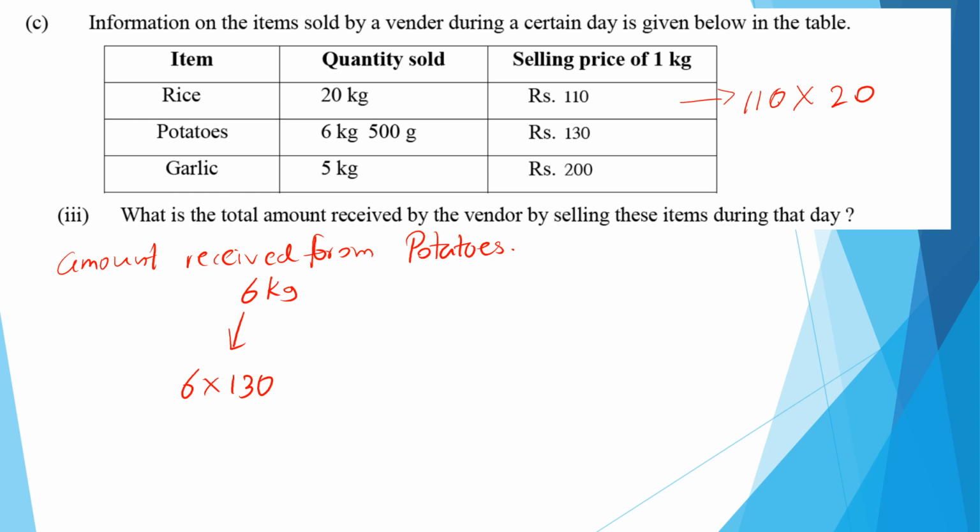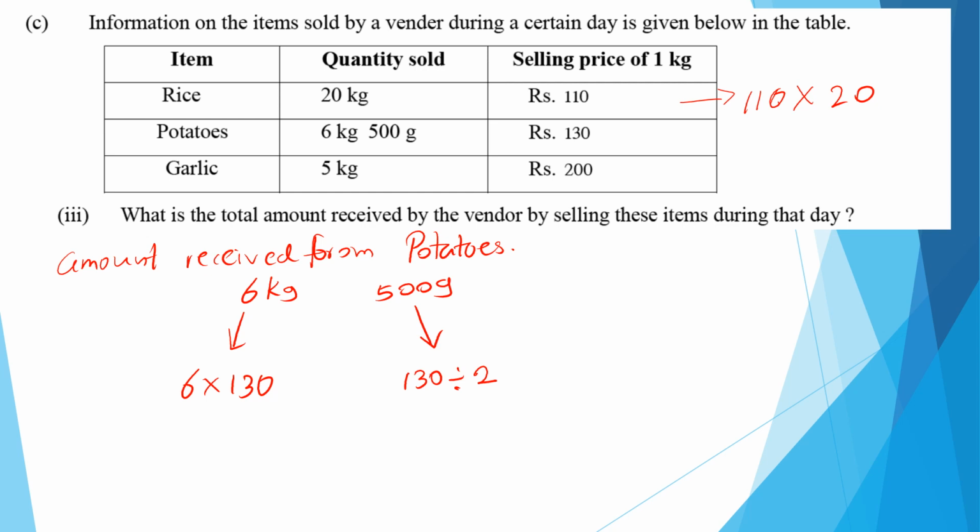What about 500 grams, right? This is 130 divided by 2. 500 grams means half a kilogram.